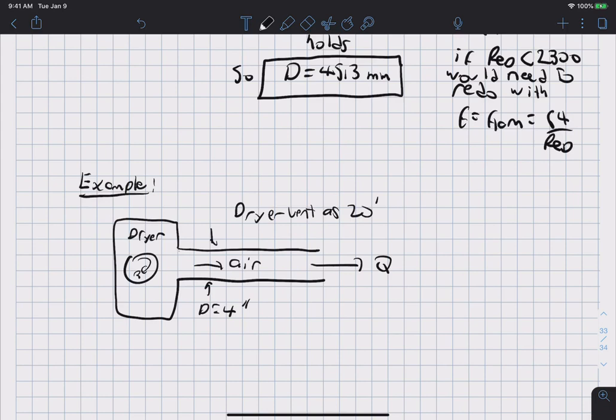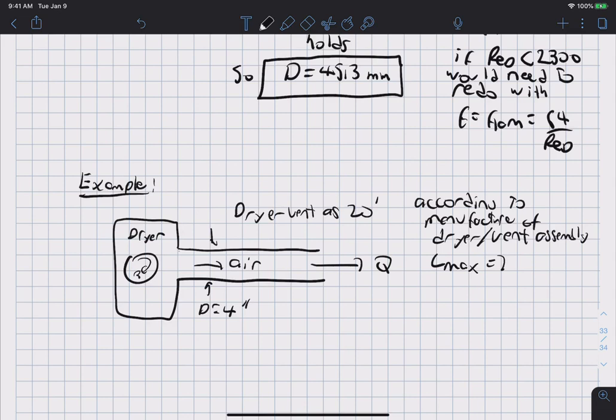According to the manufacturer of the dryer/vent assembly, L max of the dryer vent is 20 feet, so there can only be 20 feet of pipe or vent, which has a circular cross section, and there can only be 4 90-degree elbows.